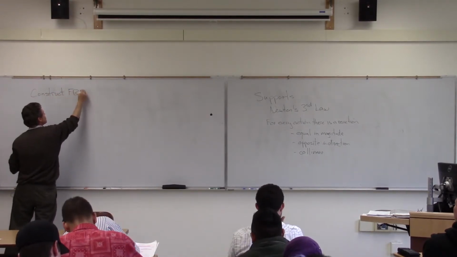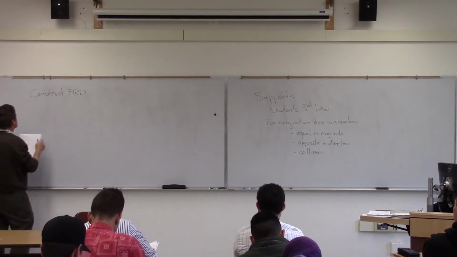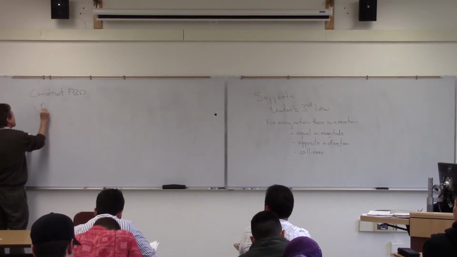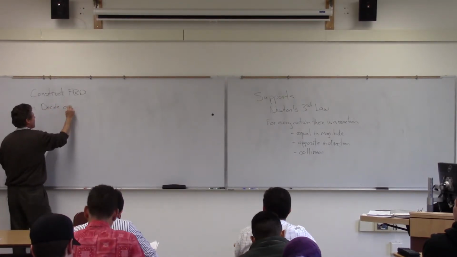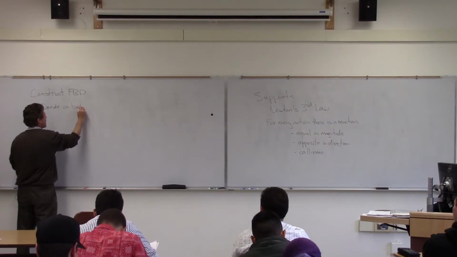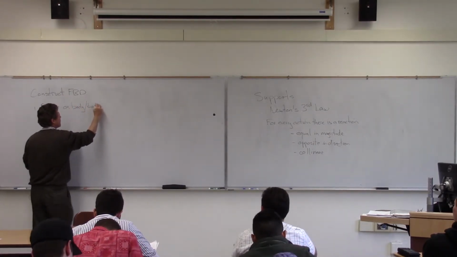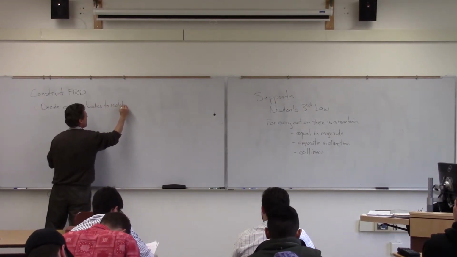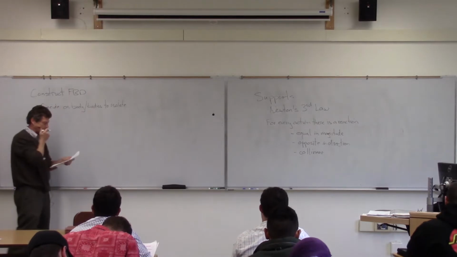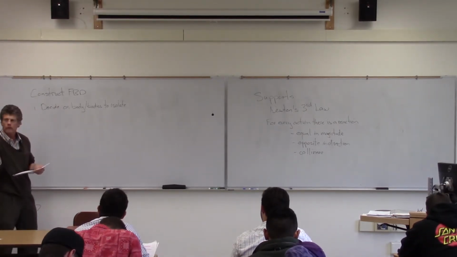So what we'll do is just simply go through those same steps in terms of constructing the free body diagram. Now, what we're going to want to do is consider what bodies we're going to want to isolate.